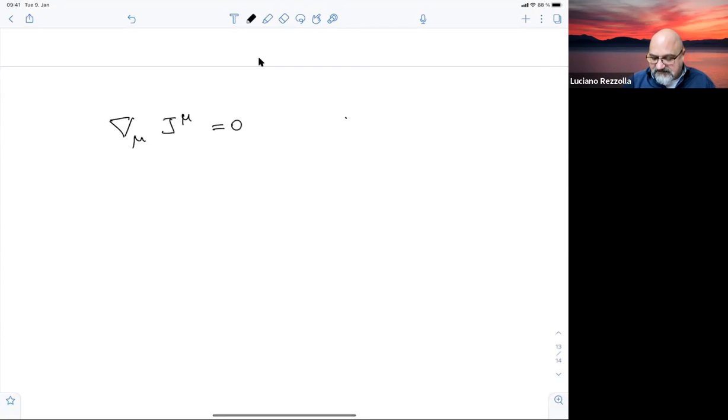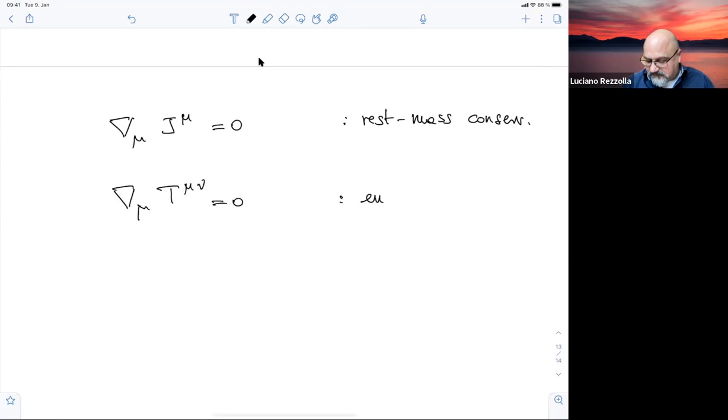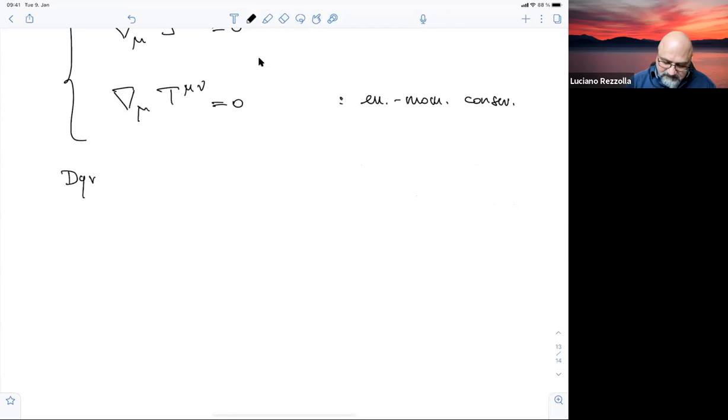So this is the rest mass conservation. And I have another equation, which is the following: nabla_mu T^{mu nu} is equal to 0. This is energy and momentum conservation.